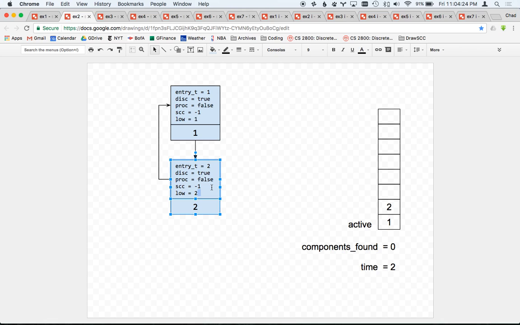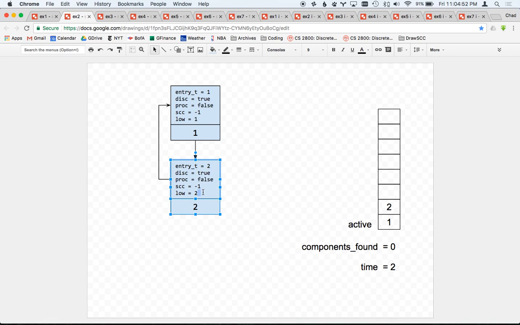And when we have a back edge, suddenly the lowest vertex that we can reach from this vertex that we were exploring may now become lower, right? In particular, the entry time of vertex number 1, which is 1, is less than the current low for vertex number 2, because the low for vertex number 2 is, well, vertex 2, and that has an entry time of 2.